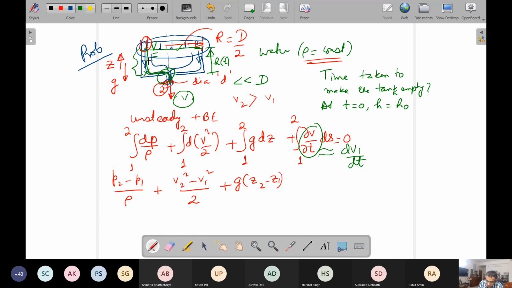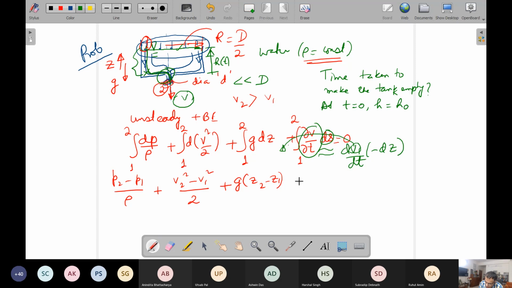So for almost the entire height of the tank, it will be V1, so dV1 dt, and ds will be just like minus dz, because it is the vertical portion of the tank. Because the velocity V1 is not a function of z, it is just the same uniform velocity, so we take it out of the integration.